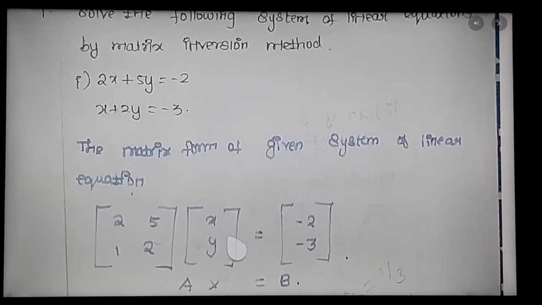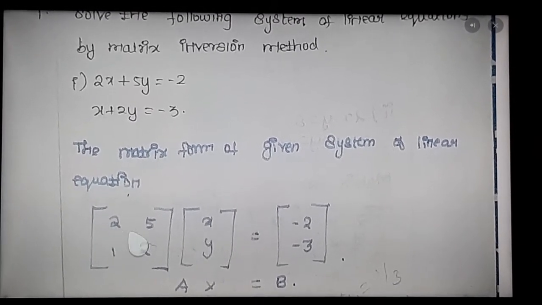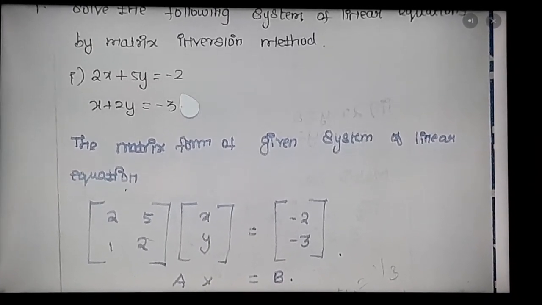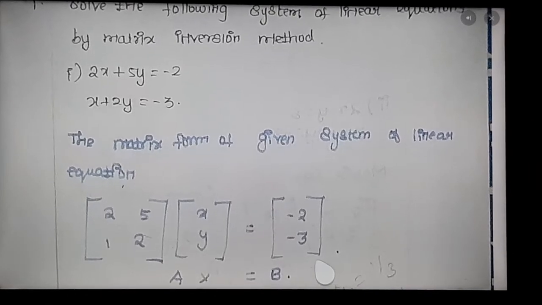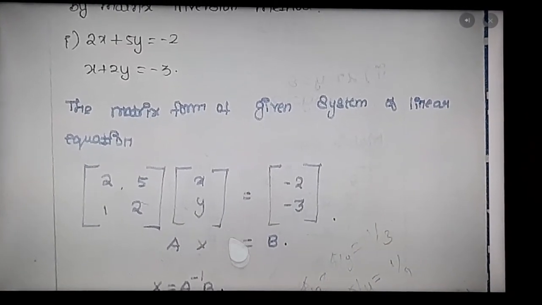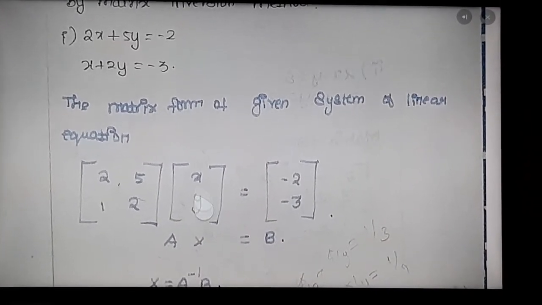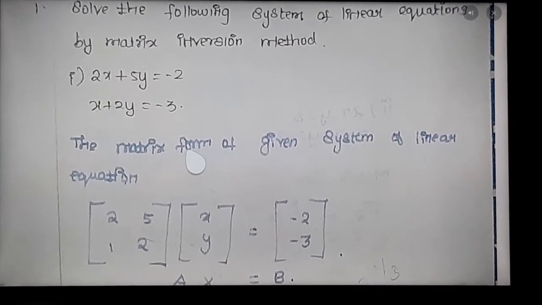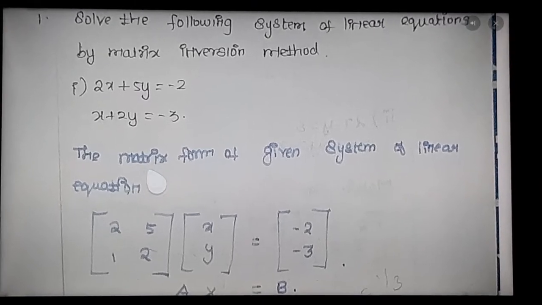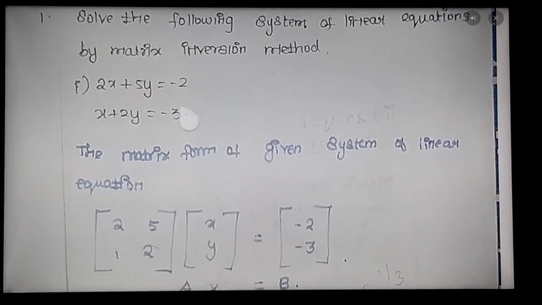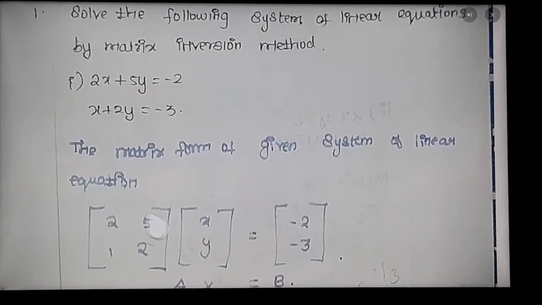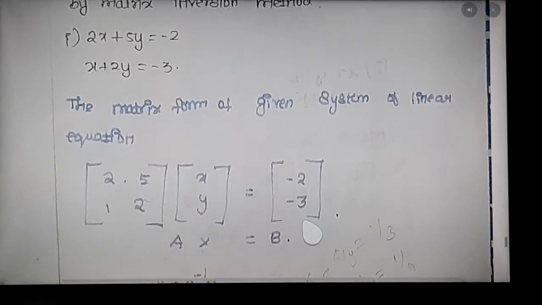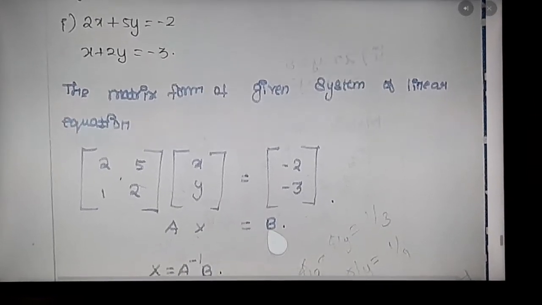Here the variables x, y, the coefficients 2, 5, 1, 2, and the right hand side of the two equations, minus 2, minus 3. That is the form AX = B. This is the first step for all these systems of linear equation.